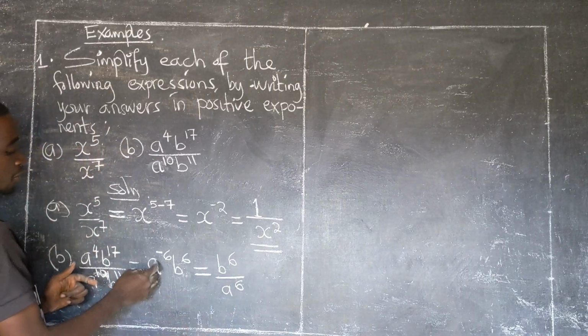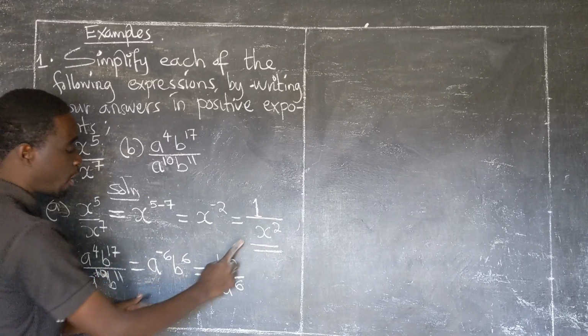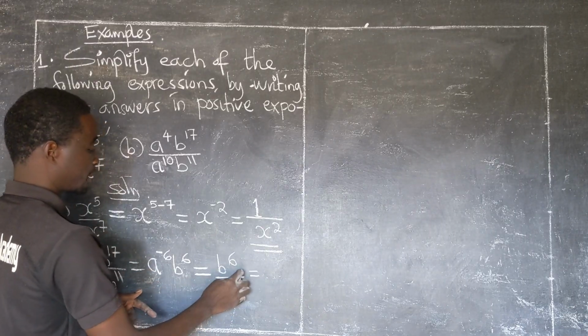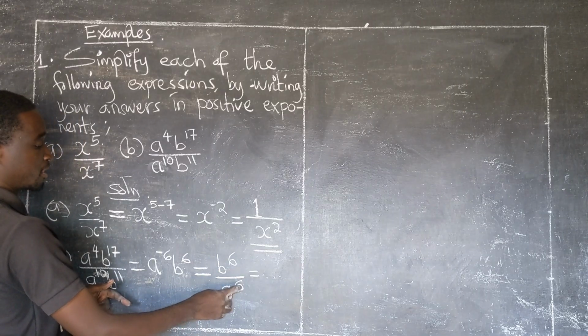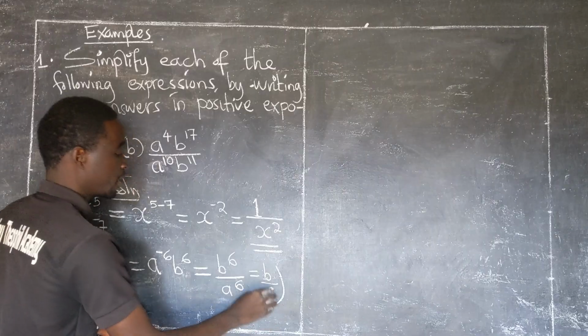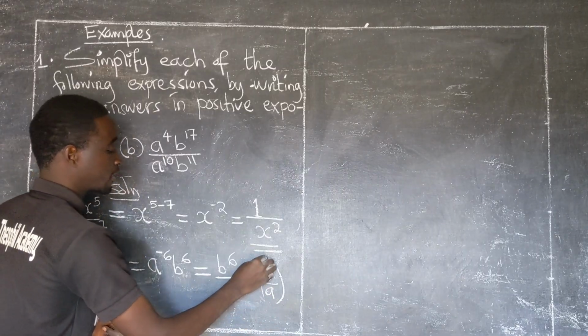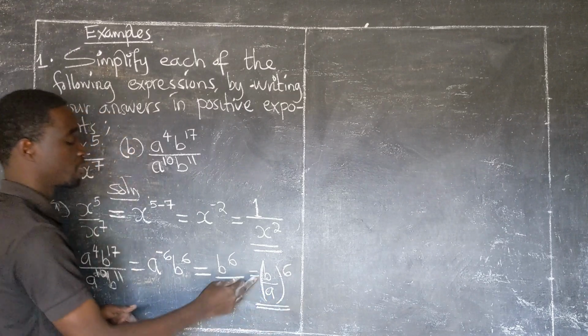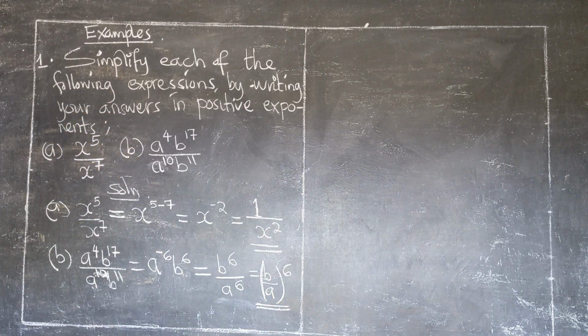Now we have reciprocated a raised to negative 6 to 1 over a raised to 6. And the final answer will be, as here the exponent is 6 and here 6, we combine b and a this way. We use a single bracket, then raised to 6. So our answer will be b divided by a, all raised to 6.